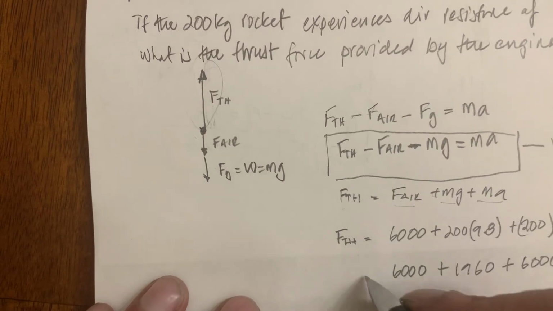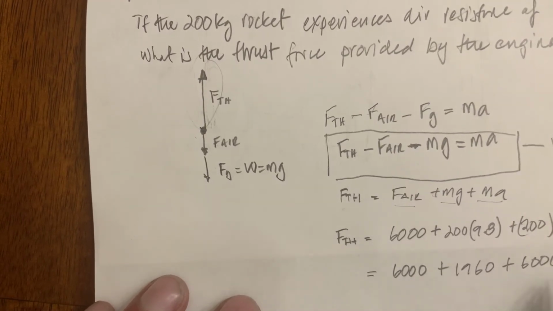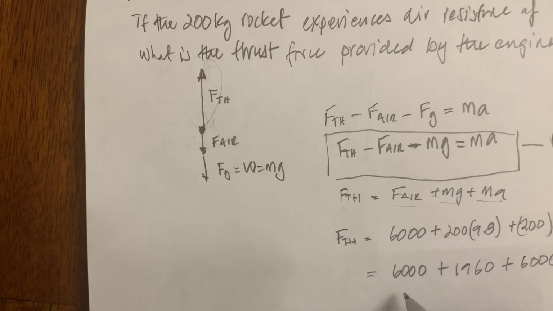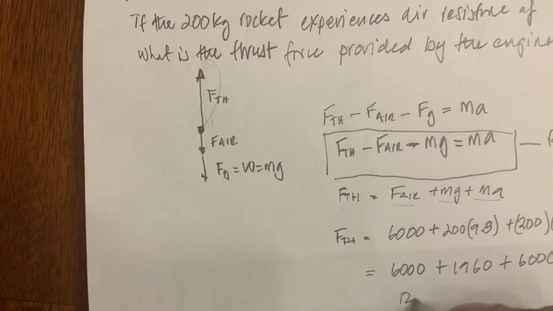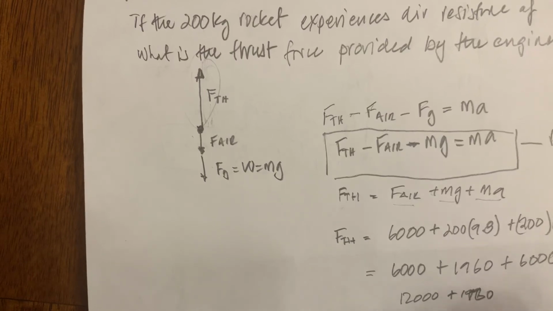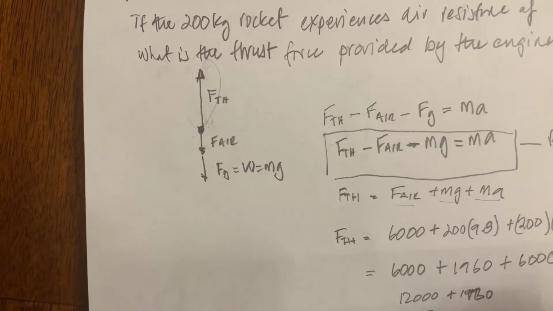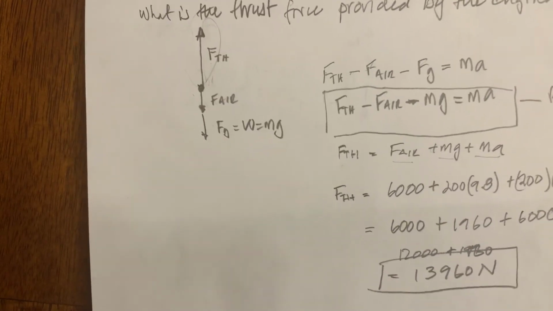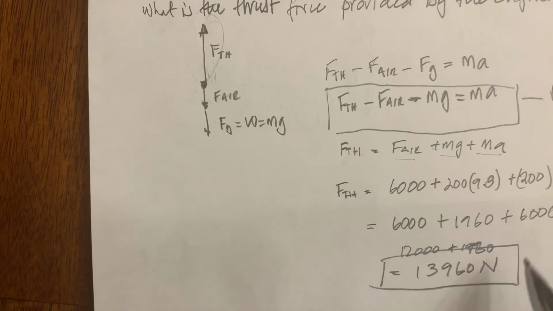And so the thrust force would end up being, adding all these up, 12,000 plus 1,960, which is 13,960 newtons.